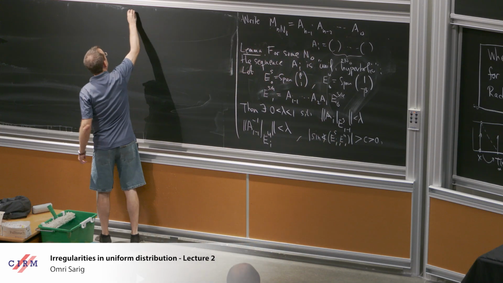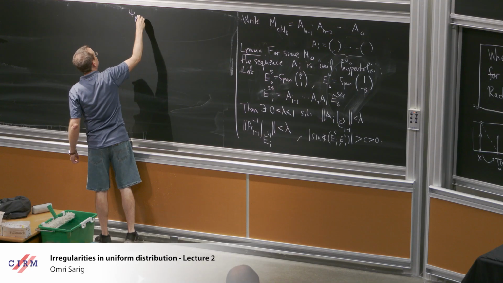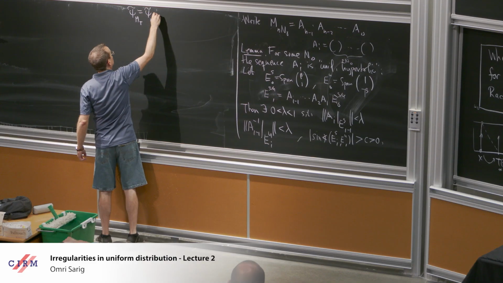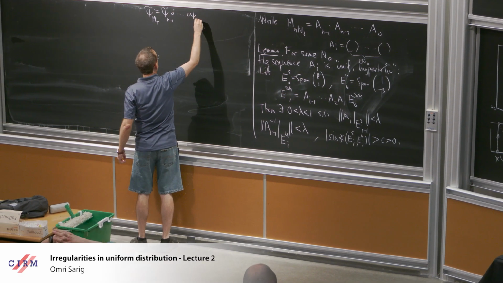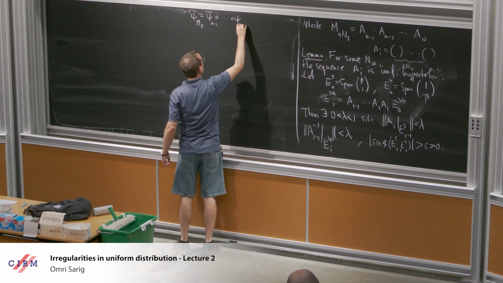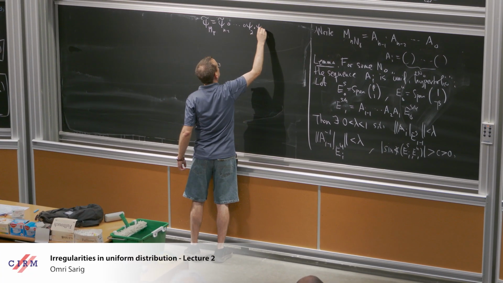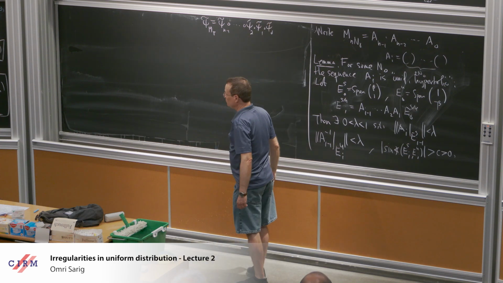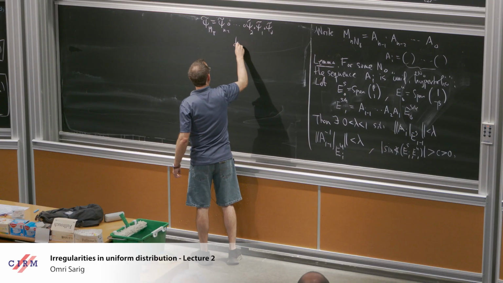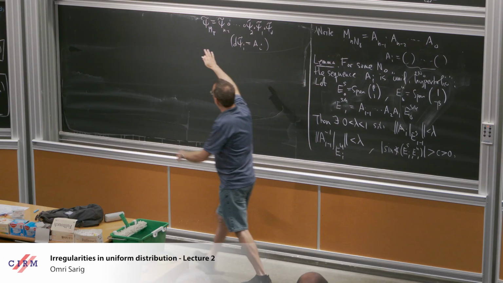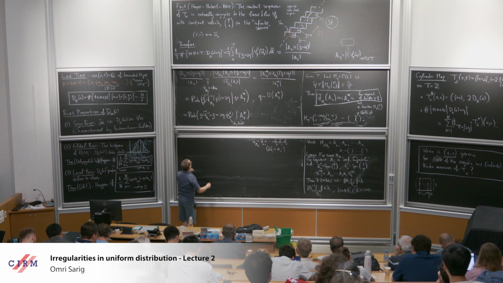So let's write our automorphism as the product of the associated automorphisms which correspond to these matrices. Okay? So D psi_i is A_i. Okay? So now let's continue with this formula. And let me write it in this form.